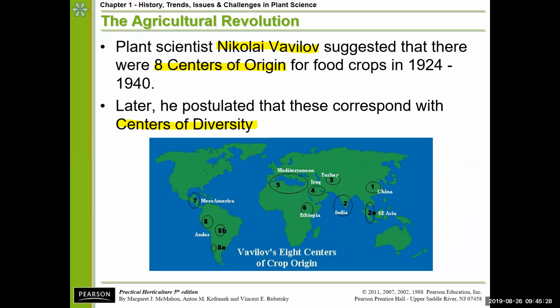He later postulated that these centers of origin of plant crops are also the centers of diversity. So if we look on the map here, we have these different areas where our modern food crops originated, and that's based on where their wild ancestors still exist today.